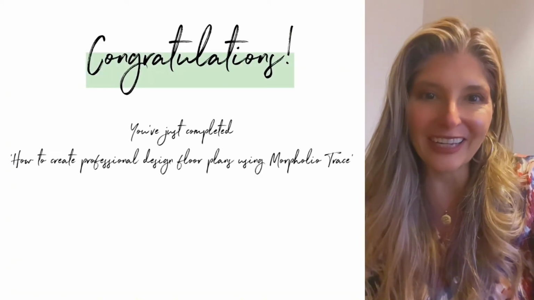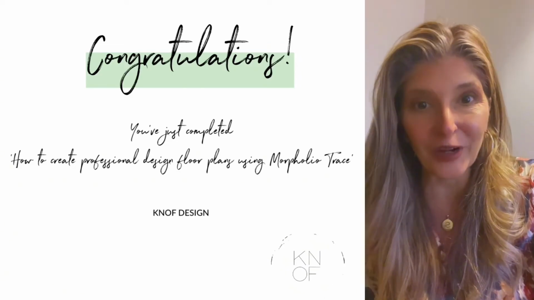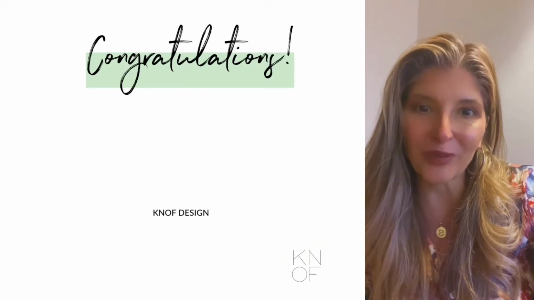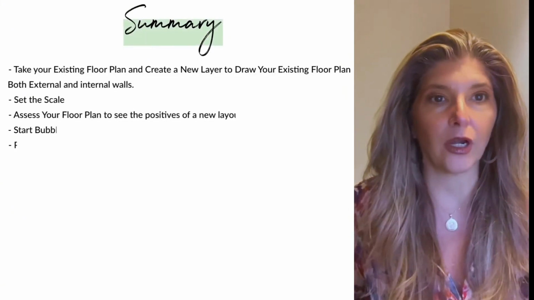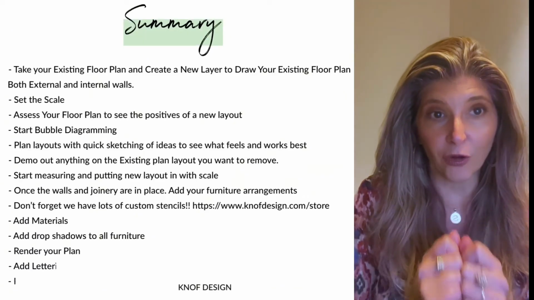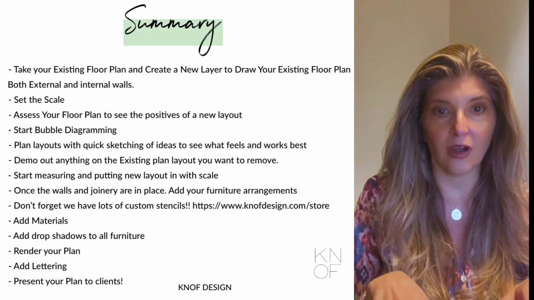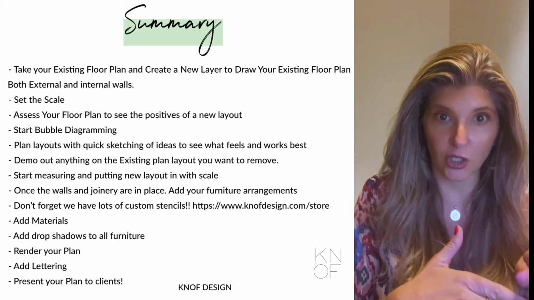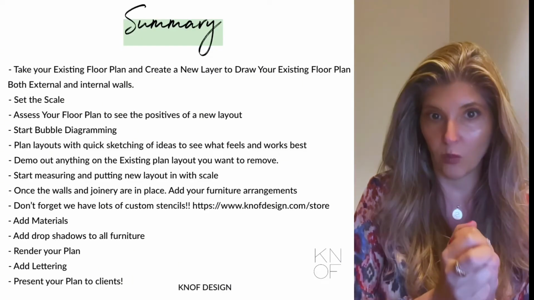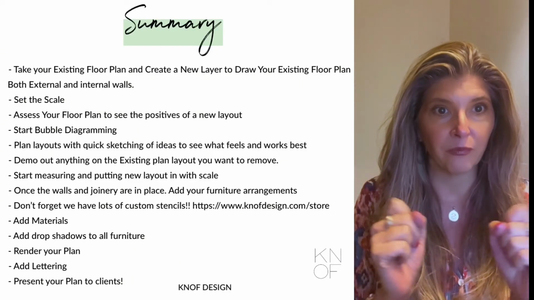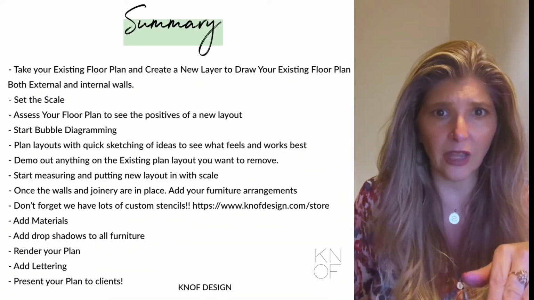Congratulations, you've just completed our tutorial on how to create professional design floor plans using Morpholio Trace. So just a quick recap here. First we took our existing floor plan and we created a new layer to draw the existing floor plan, both the external and internal walls. Once we were done with that, we set the scale, and then we just took a look at and assessed the floor plan.